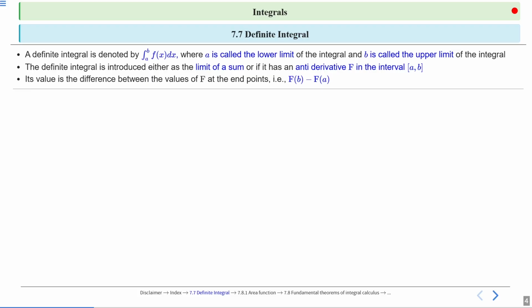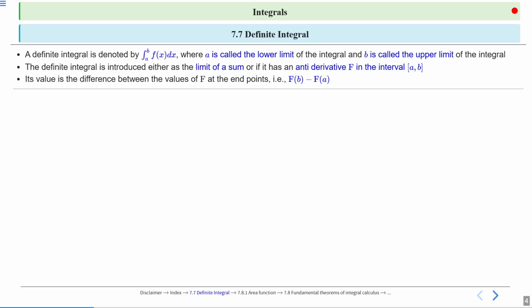So what is antiderivative? We can say antiderivative is an indefinite integral, but there is a slight difference. When we calculate indefinite integral, for example integration of x, it becomes x square by 2 plus constant of integration.